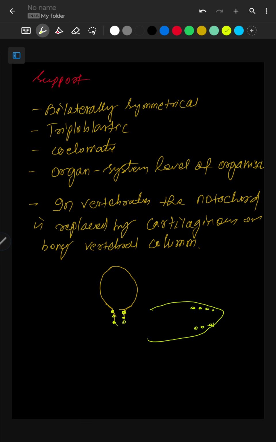Now come to the post-anal tail. If I talk about the post-anal tail, then you can say that we don't have a post-anal tail. Then how can we consider ourselves chordates? Of course, the tail is not visible in our case, but the vestiges of the tail vertebrae are there.